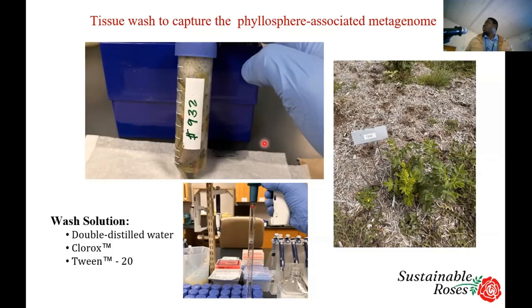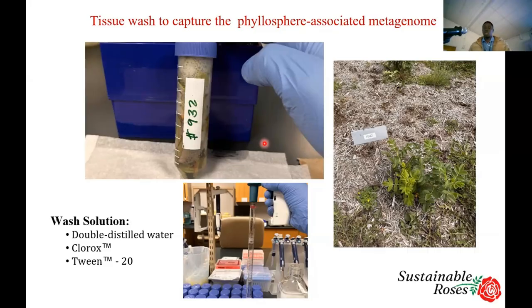We add 20 milliliters of the wash solution to the tissue in a Falcon tube, shake it for 5 minutes by hand, then put it in a shaker for between 25 to 30 minutes, centrifuge it, discard the supernatant, and add glycerol to store it for future use.